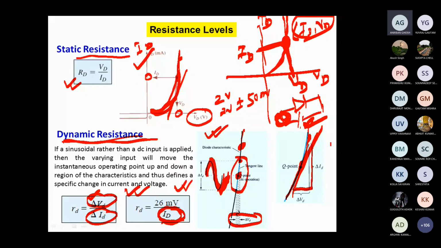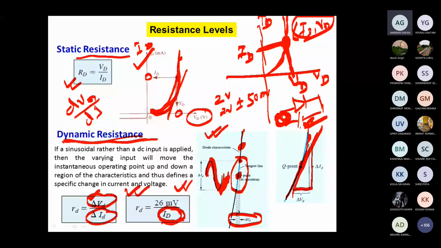Sir, how is the 26 millivolt coming? For that, you can do it yourself. RD is equal to delta VD by delta ID, isn't it? So we can write dVD by dID.